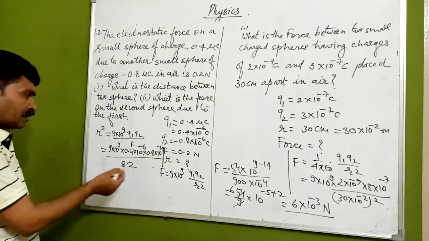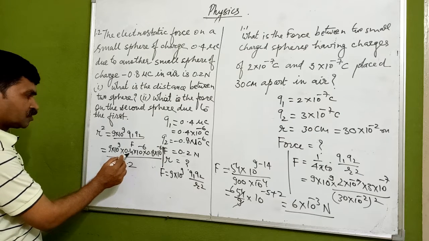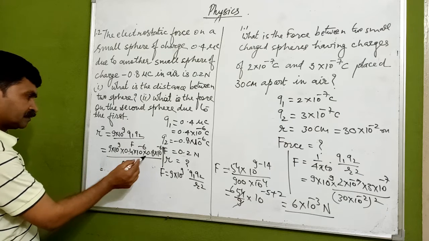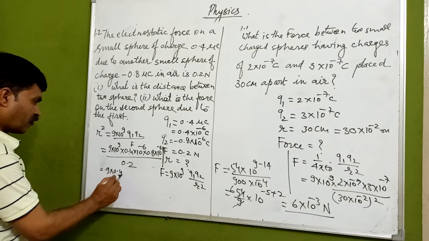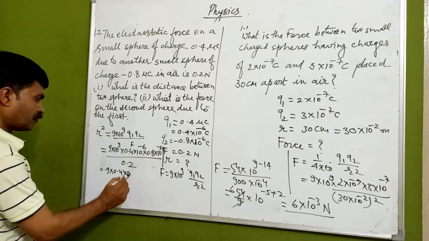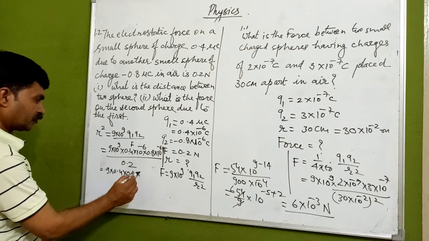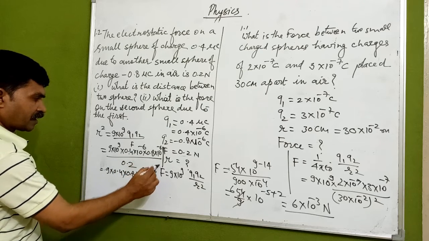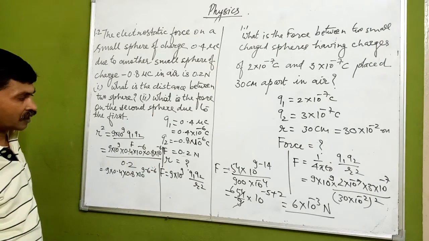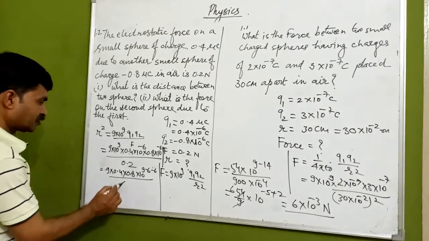Now if we go to solve this, we have 0.4 into 0.8, and 10 to the power 9 with minus 6 and minus 6, divided by 0.2.